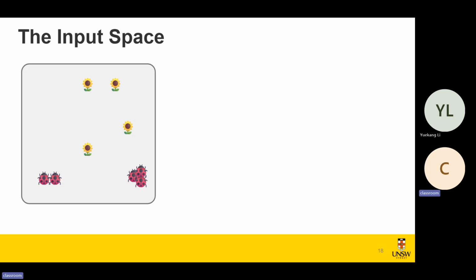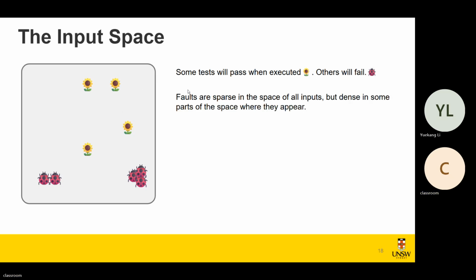Let's think about how we could design some heuristics. First, let's observe the input space of the programs. This is an illustration of the input space of programs. The sunflower denotes the tests that pass, and the ladybugs denote the test cases that fail the program. We can see from this illustration that faults are sparse in the input space.